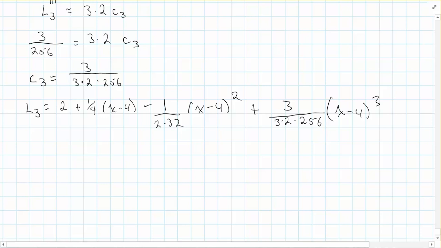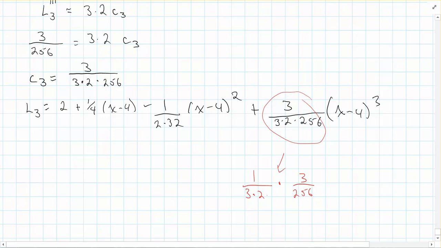Now let's go ahead and start looking at what we have here. Let's look at this term here and split it apart a bit. So I'm going to write this as 1 over 3 times 2 times 3 over 256. And I'm going to stare at this for a second.